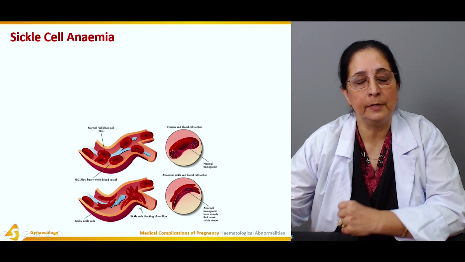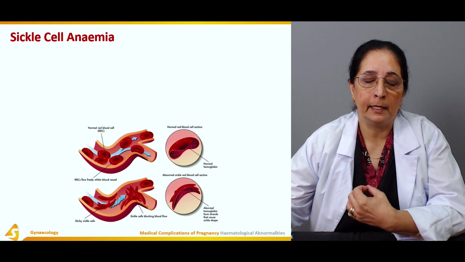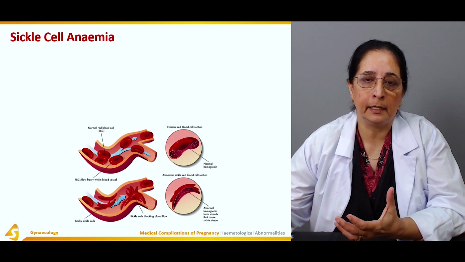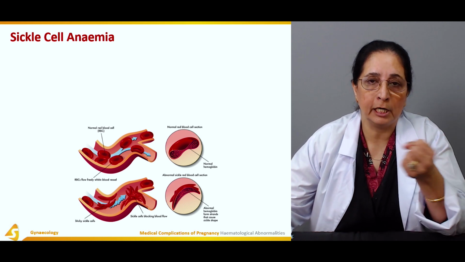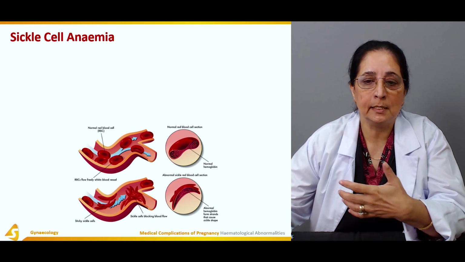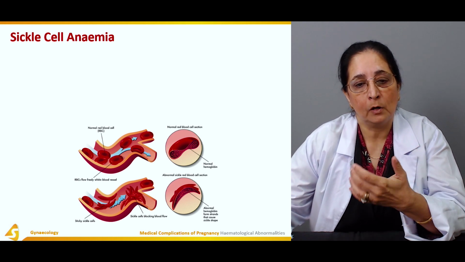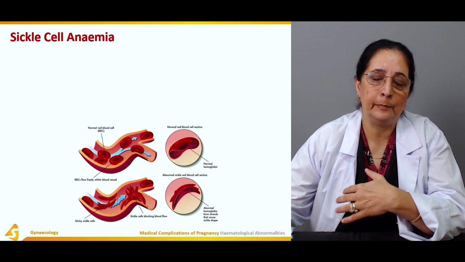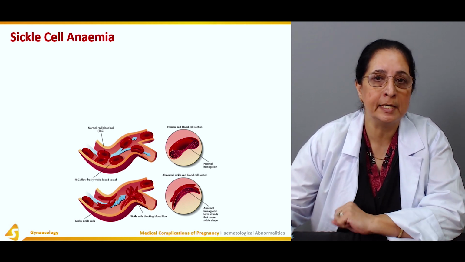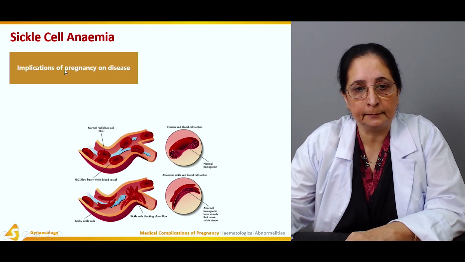As a result of this abnormality in shape, they can break easily, they can cause blockage, and they cannot flow easily. All these complications can cause anemia because of the destruction and decreased number of red blood cells, and in return a decreased hemoglobin level.